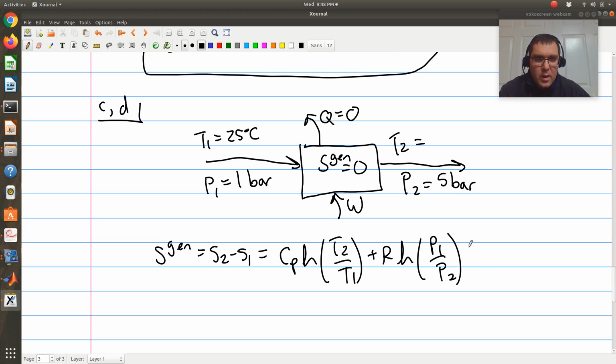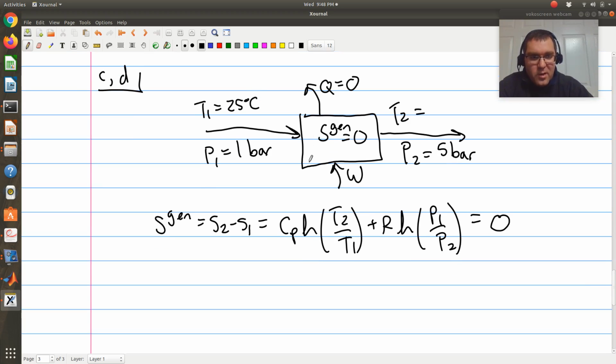Now we're told that for the reversible process, our entropy generation is 0. I know P1 and P2. I know T1, I don't know T2. So using this one equation, we have one unknown, T2. Let's start by solving for T2.